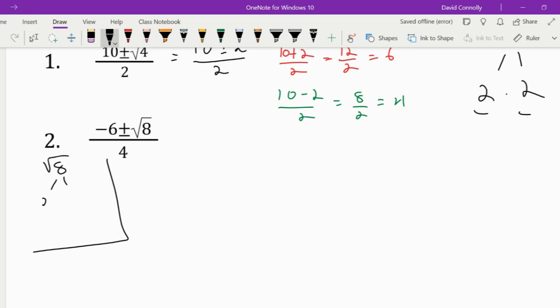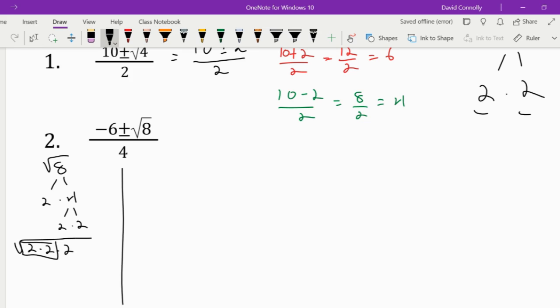Square root of 8 is 2 times 4, and 4 is 2 times 2. So this becomes the square root of 2 times 2 times 2. We have one pair of 2's. That goes on the outside. And this one that we were not able to pull out stays on the inside.